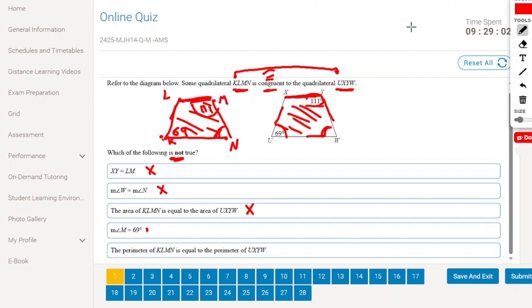This is the wrong answer, so this is our answer. And here the perimeter of KLMN is equal to the perimeter of UXYW, which is right, so it will not be the answer here.